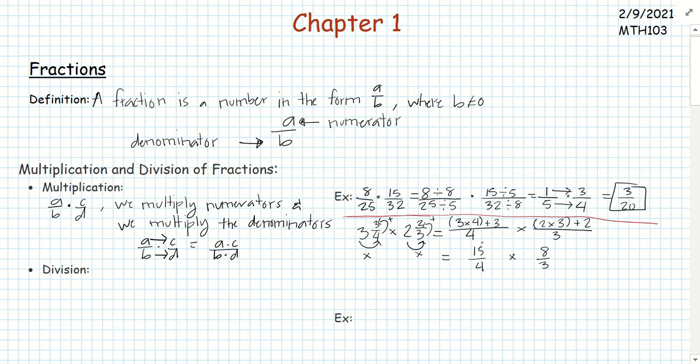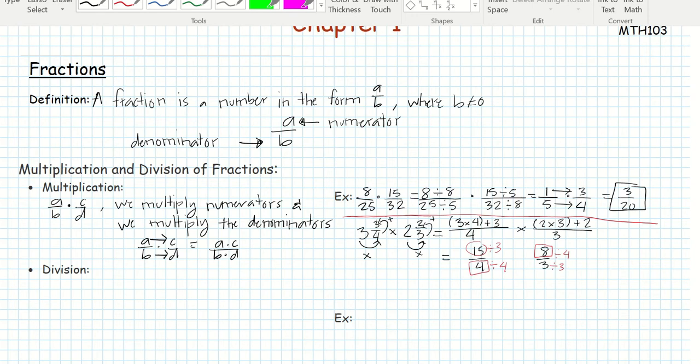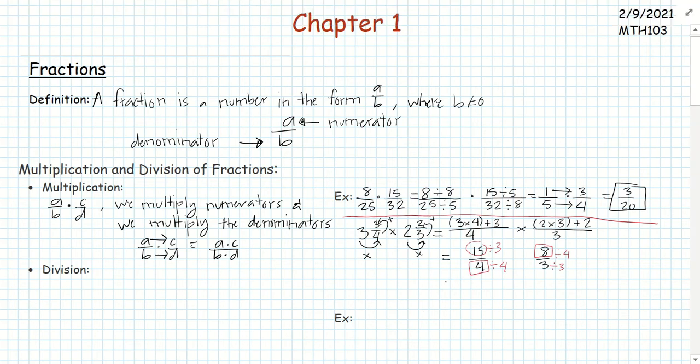So here I'm noticing, for instance, that 15 and 3 are both divisible by 3. So I'm going to divide by 3 and I'm going to divide by 3. I'm also noticing that 4 and 8 are both divisible by 4. So if I go ahead and divide those values by 3 and 4, I'll end up having 5 over 1 times 2 over 1.